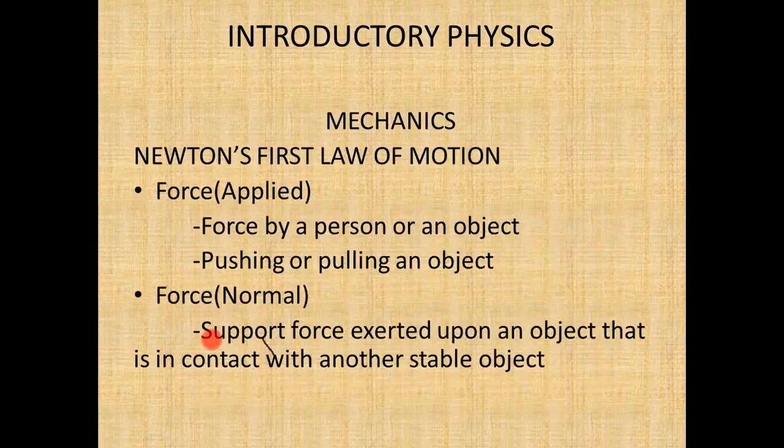And the force of gravity on the book is equal to the mass times the acceleration of gravity, because force is equal to mass times acceleration. But the tabletop is pushing upwards on the book to prevent it from going through the tabletop.